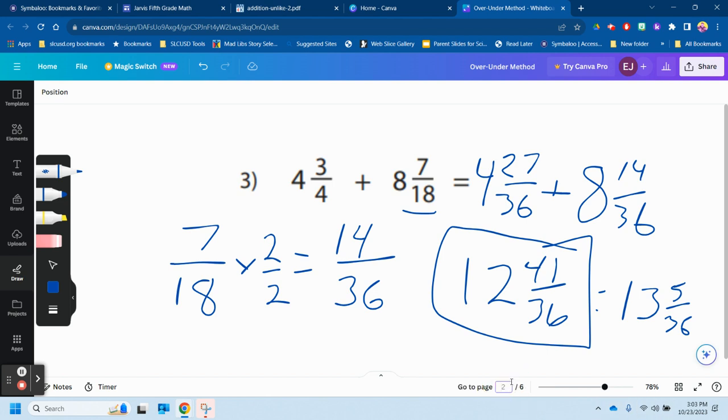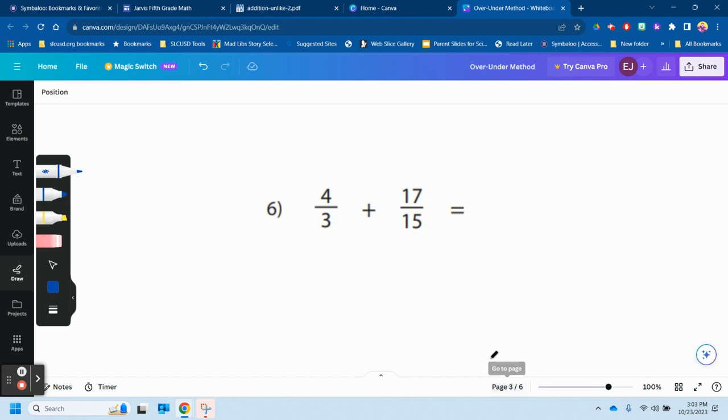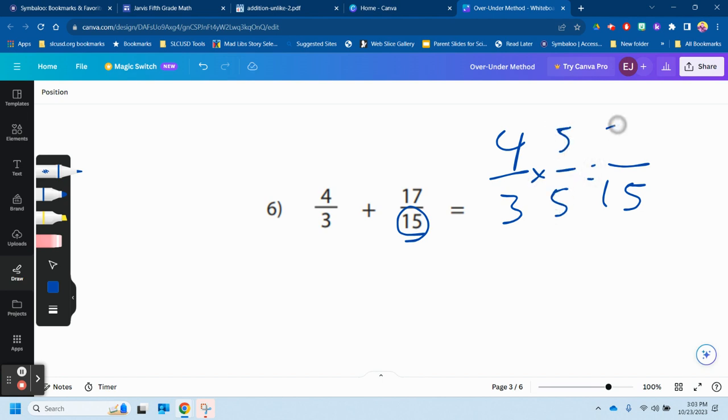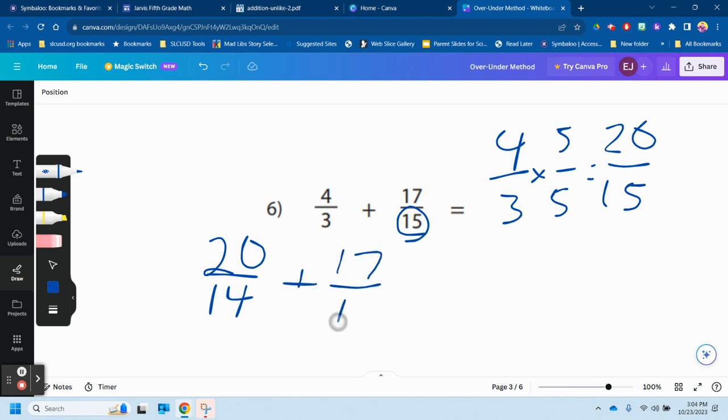Let's take a look at a couple more others and you can kind of speed this up. Here's another where, boom, the common number is 15. So I just need to write the 4/3 as something over 15. What I multiply the 3 by to get 15, I multiplied it by 5. So I have to do both. 20/15, which is the same as 4/3, plus 17/15.